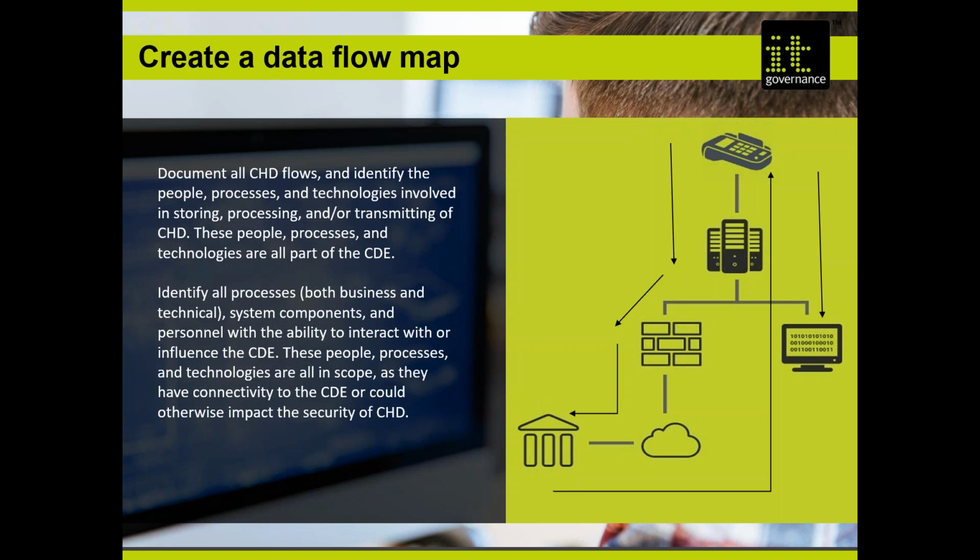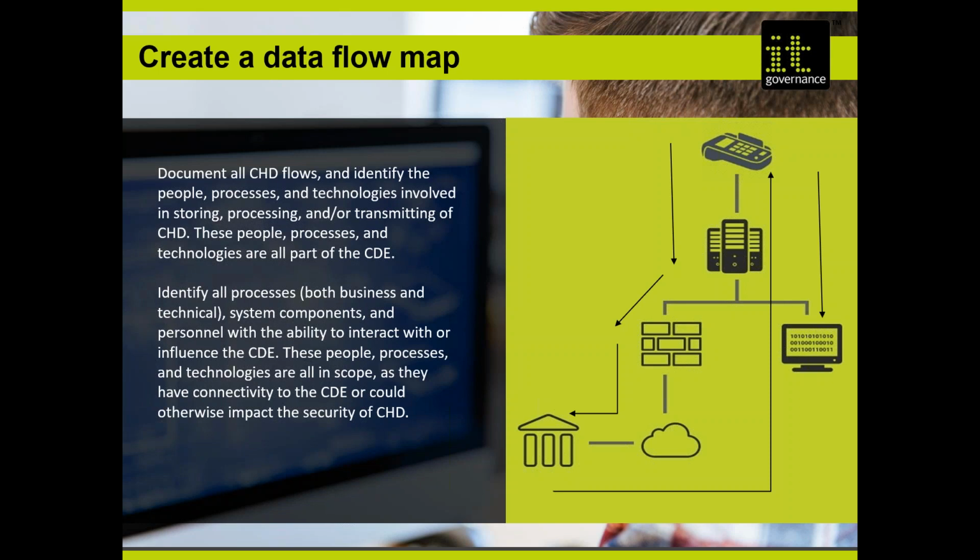For example, it may include phone operators taking cardholder data over the telephone. It may involve a post room where forms, receipts, and other information come through. A till receipt is cardholder data if it contains the full primary account number. And don't forget, it's going to be really important to interview and have discussions with the various people doing those roles, because they're a valuable resource and they'll help you with the discovery of where cardholder data is flowing and moving around.